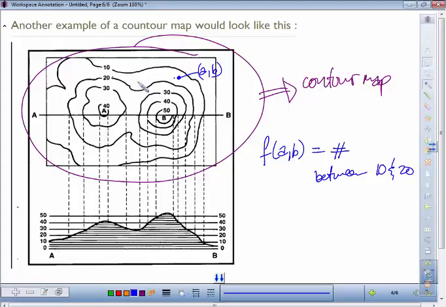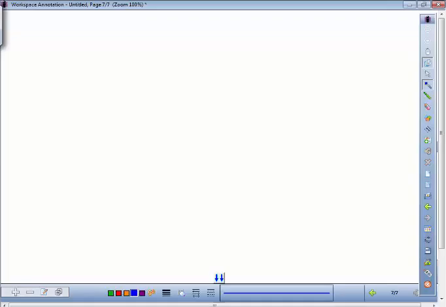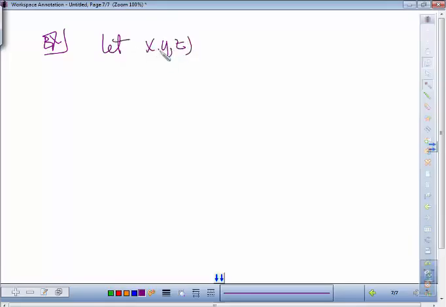So these are a couple of graphical representations. Another one that's hard to visualize would be, we'll go back to the idea of temperature again, but just to give another example of space and temperature. Let x, y, z be a point in space.